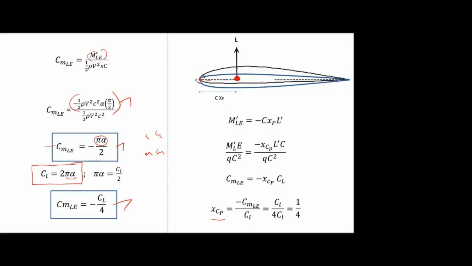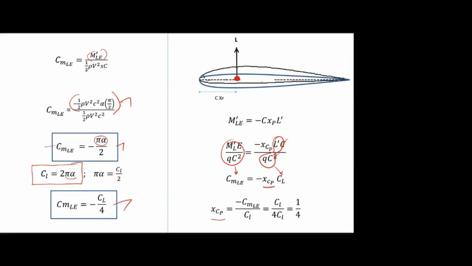So the moment about the leading edge is minus L' c XCP, and we need the coefficient of moment. So divide this by q c square. Q you remember, I think, is half rho V square, the dynamic pressure. So divide both sides. So this is equal to CM, the c gets cancelled, and this is equal to CL, and rearrange.